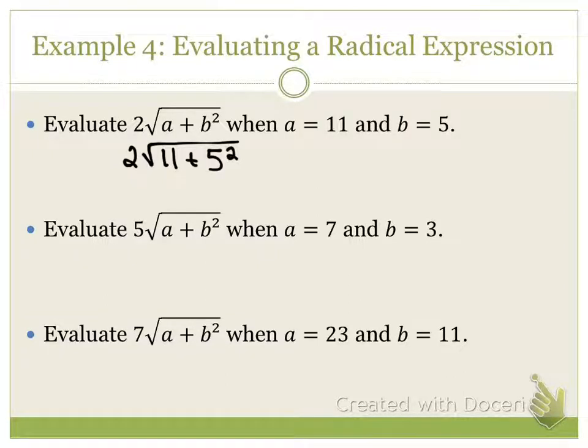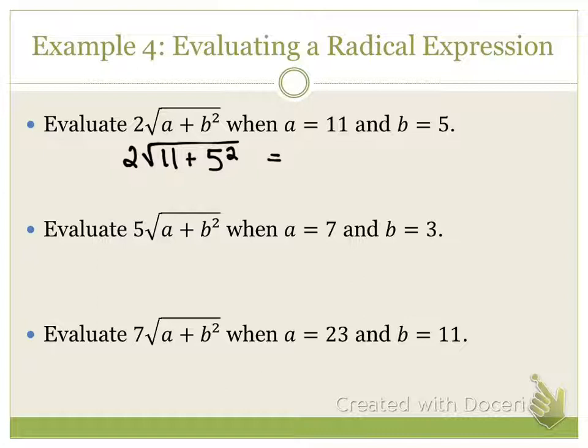That's kind of messy. Okay. And now I'm going to follow my order of operations. So underneath the radical, what do you think you're going to evaluate first? 5 squared. You're not going to say 11 plus 5 is 16 and then square it. That's not order of operations. So 5 squared is what? 25, and 25 plus 11 is 36.